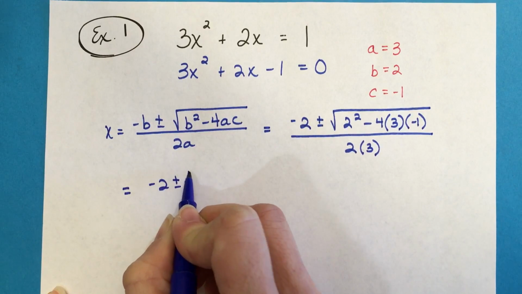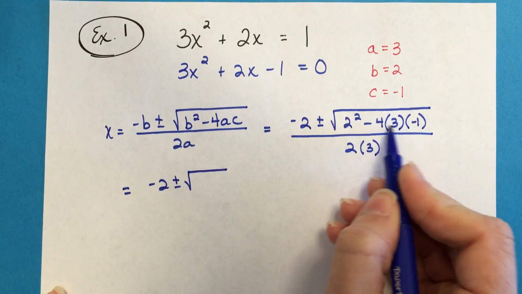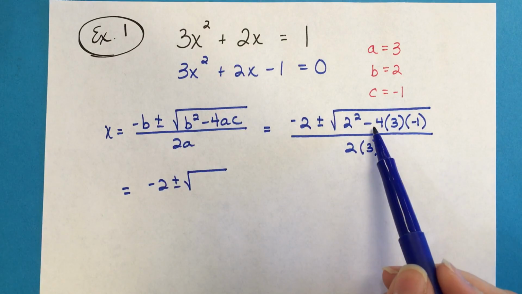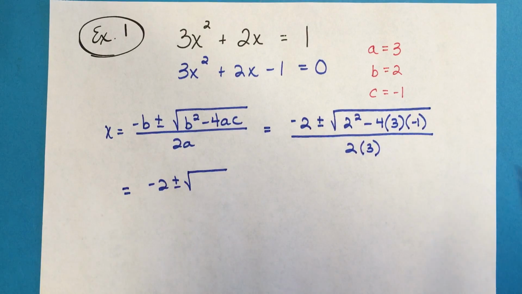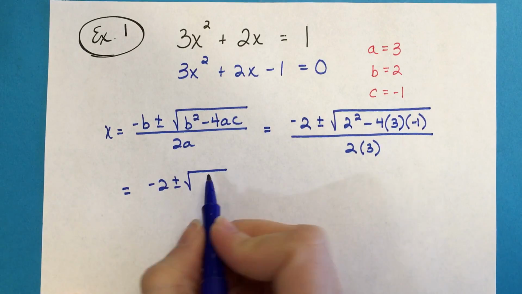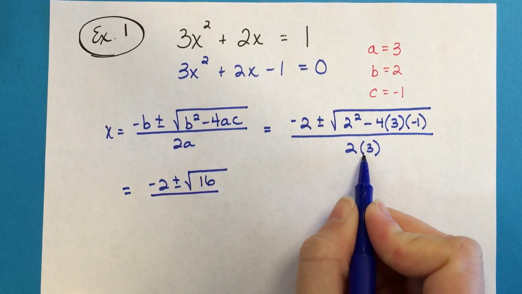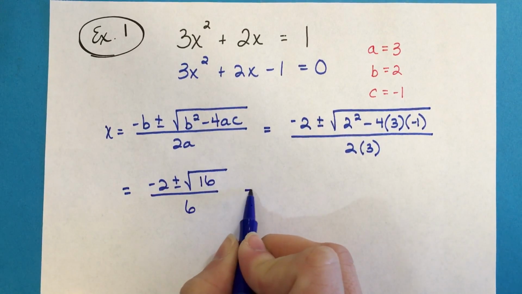Now underneath your radical, you can use a calculator to help you out with that. Do 2 squared minus 4 times 3 times -1, and that is going to give you 16. In your denominator, 2 times 3 will give you 6.